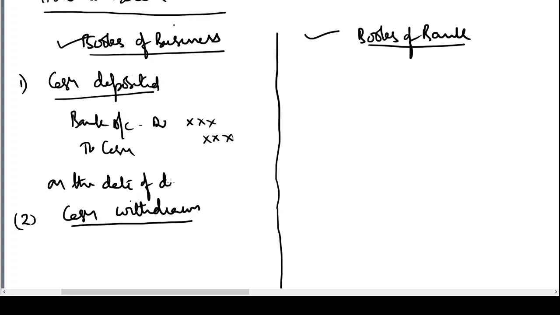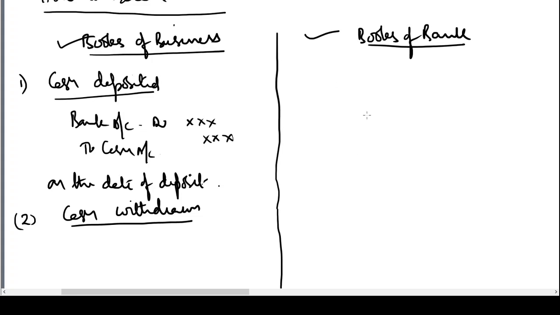So whenever we deposit the money, on the same day we record the deposit of cash in the cash book. We record a payment in the cash column and a deposit in the bank column of the cash book. We record a deposit in the bank account and record a payment in the cash account. Okay, so this is done on the same day, that is the date of the deposit.